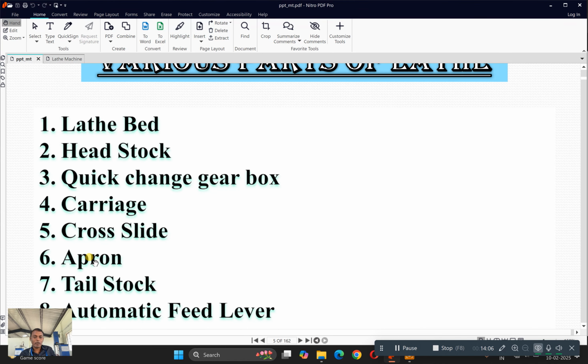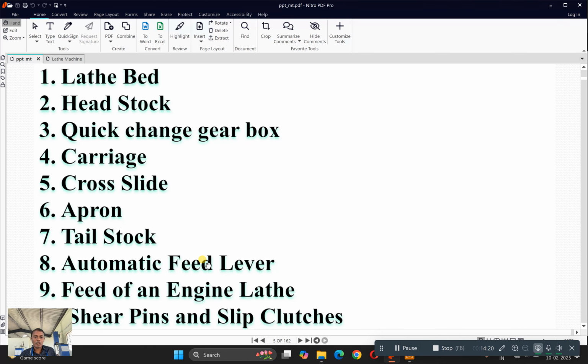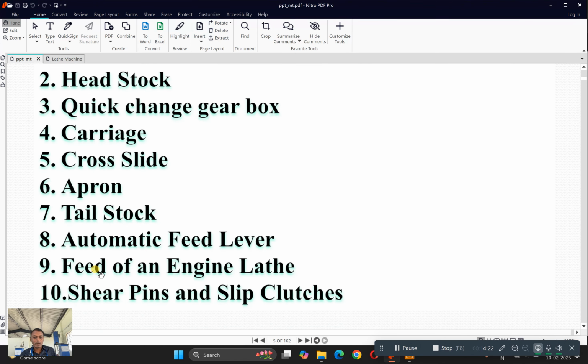Then there is an apron which carries the gear arrangement to connect your carriage for moving automatically with the help of the lock nut. Then there is a tailstock, then the automatic feed lever, then the feed of an engine lathe. Okay, we have seen something called the feed box mechanism, and shear pins and slip clutches. These are all the various components. Now let us see one by one.